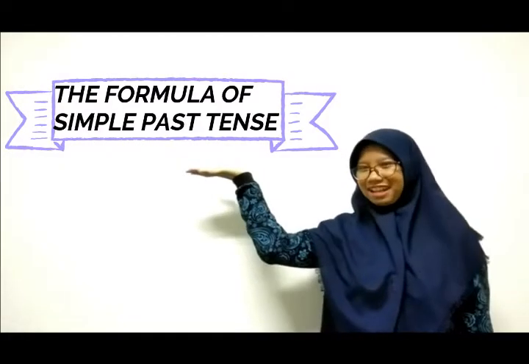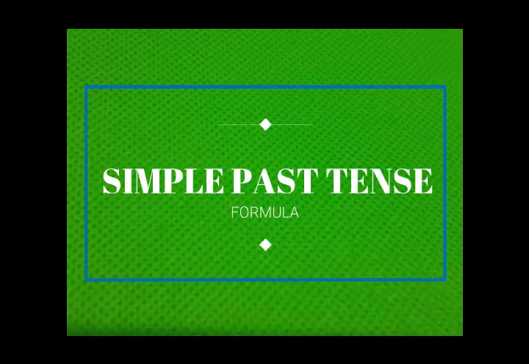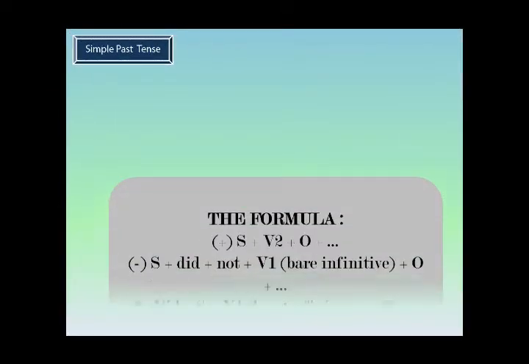Here is the formula of simple past tense. In our previous video, we told you that sentences are divided into 2 types: verbal sentence and nominal sentence. And now we're going to talk about simple past tense. The first is verbal sentence.